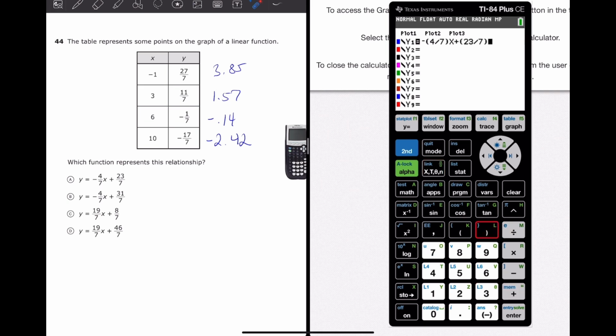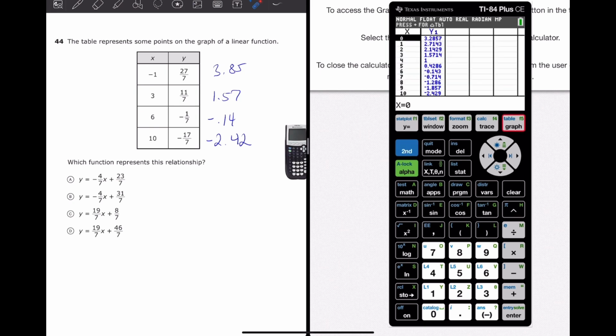Again, do not forget to use parentheses around fractions. Check the table, -1, 3, so far so good. Matches.